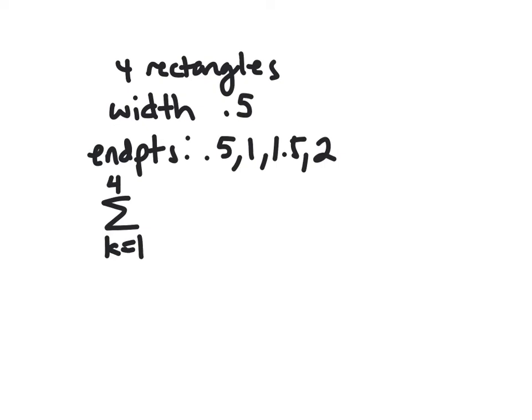I'm adding up 4 different areas of width, which is 0.5 or 1/2, times my height, which is f of, well, in this case, it's not just k, right? We're not plugging in 1, 2, 3, and 4. We're plugging in k over 2, right? 1 divided by 2, 2 divided by 2, 3 divided by 2, 4 divided by 2.